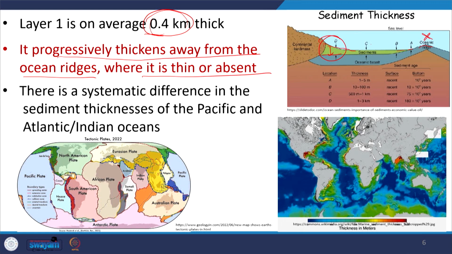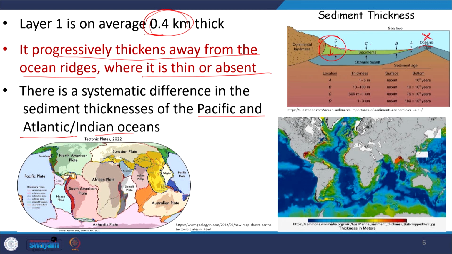And there is a systematic variation in the sedimentary thickness among the different oceans, and within each ocean at different parts also. For example, here we have the Atlantic, Indian Ocean and the Pacific. If you see here, the sedimentary thickness is represented in this relief model.